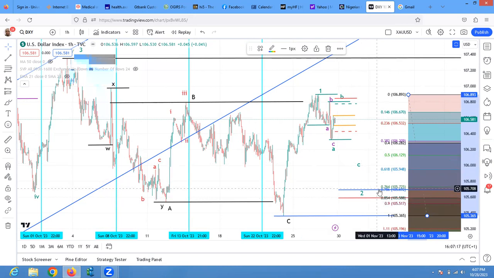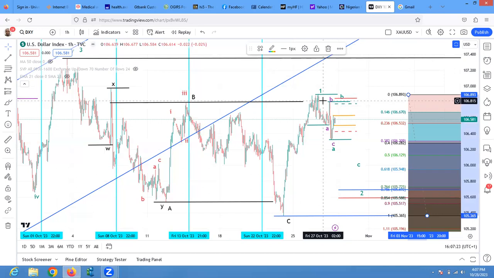Price may not get here, but the depth of where this price is going to get to will be determined by this. As we are seeing this correction here of a 4 as a WXY or ABC, we are seeing this correction also unfolding to give us a 2.